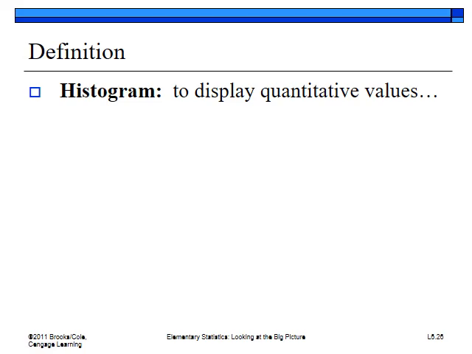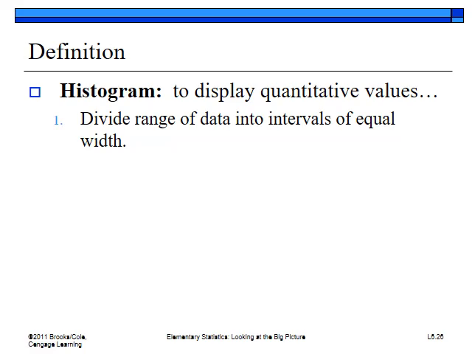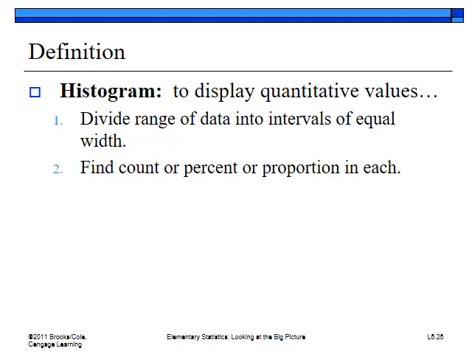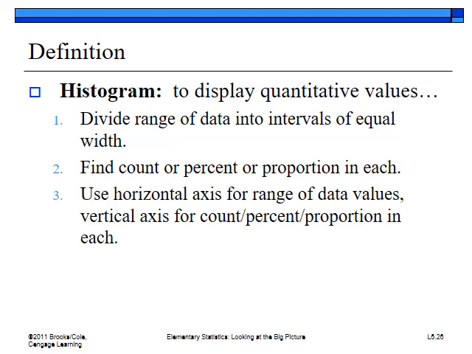So to create that categorical variable, what we first do is take the range of values that our variable takes, divide it up into intervals of equal length or equal width, figure out what the count is in each, and if we need to convert that to a percent or proportion, we do, and then use that to compute the vertical height of each bar.